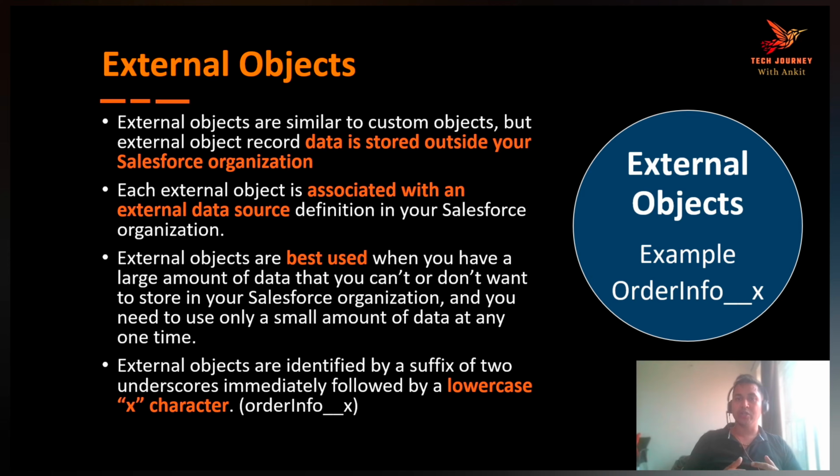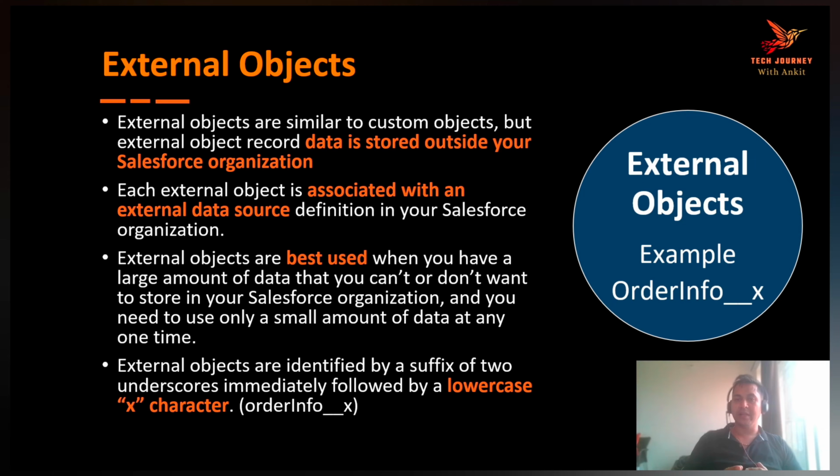So it is used to store the external records that we are bringing inside our Salesforce platform. Each external object that we have on the Salesforce platform is associated with an external data source. Without an external data source, external objects cannot exist on the Salesforce platform.